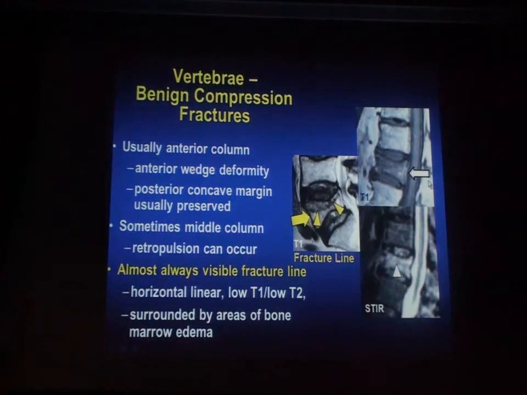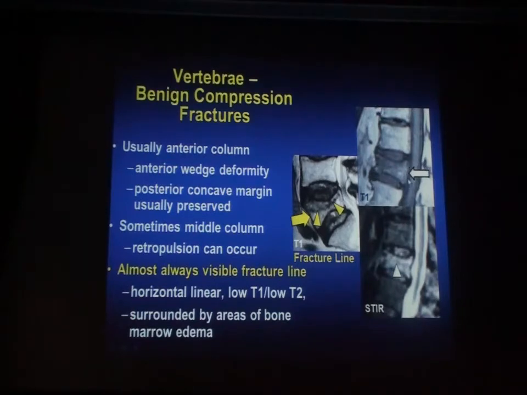Looking for the fracture line can be very important when you're evaluating a vertebral compression fracture. Oftentimes it's the radiologist who's confronting this, trying to decide, is this a benign compression fracture? Is this malignancy? What kind of workup is this patient going to need? Benign compression fractures usually involve the anterior column, that anterior waist deformity, but the posterior cortex concavity is usually preserved.